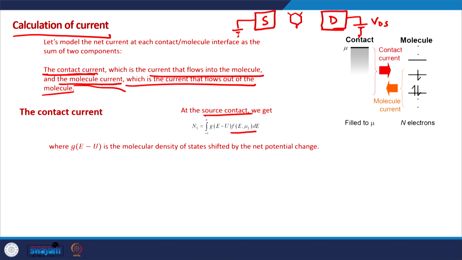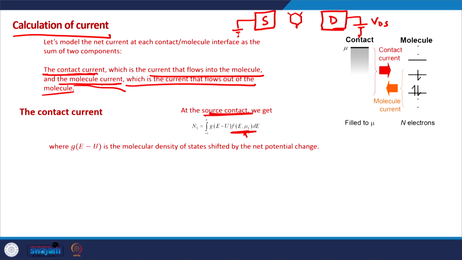The source contact current, which is the current that flows into the molecule from the source, will depend on the number of electrons going from the source to the molecule. So the source tries to fill the quantum dot up to the source Fermi level, or in other words, the source tries to fill the states in the quantum dot according to the Fermi function of the source.